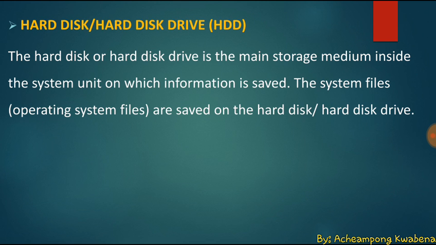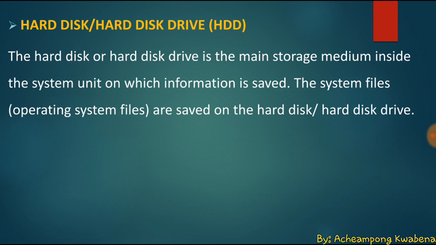Now let's look at the next hardware component that is seen inside the system unit. We have the hard disk or the hard disk drive. The hard disk or the hard disk drive is the main storage medium inside the system unit on which information is saved. The system files, that's the operating system files or the Windows files, are being saved on the hard disk drive.